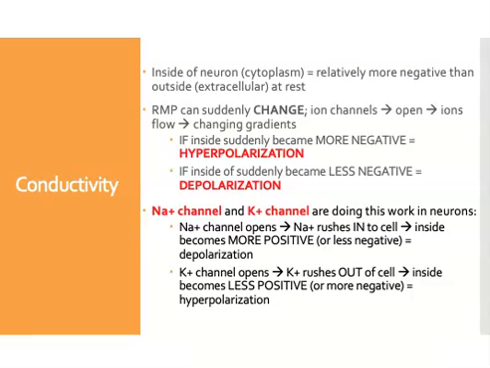So far, we've talked about the fact that both neurons and muscle cells have this property called conductivity. We said that all cells have a resting membrane potential, which is essentially just a gradient of charge, a difference in charge between the inside and the outside of the cell, with the inside of the cell being relatively more negative than the outside of the cell.